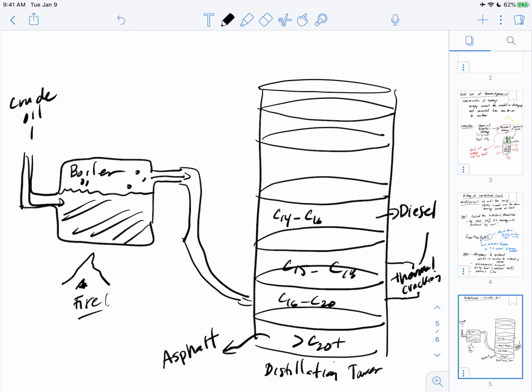If you ever wonder the difference between diesel and gasoline, diesel is a higher carbon content. We have C12 to C16, where we get our jet fuel. And then C5 to C12 is where we get our gasoline.